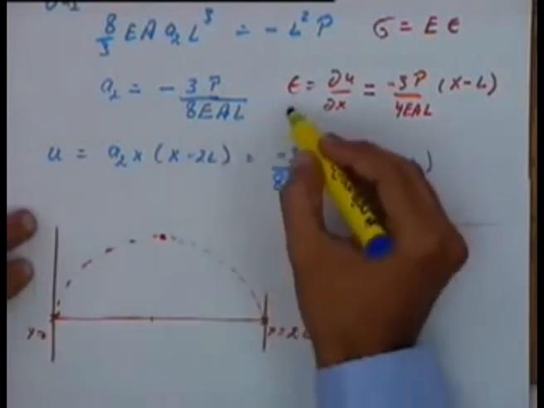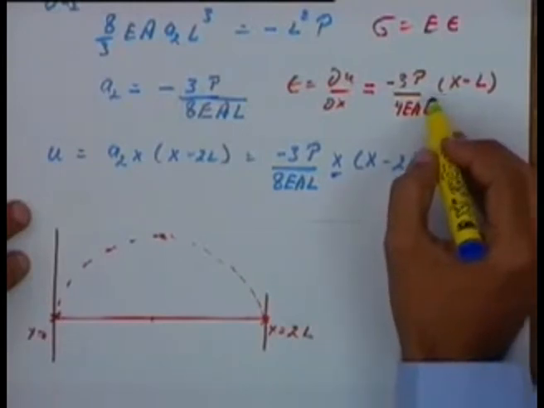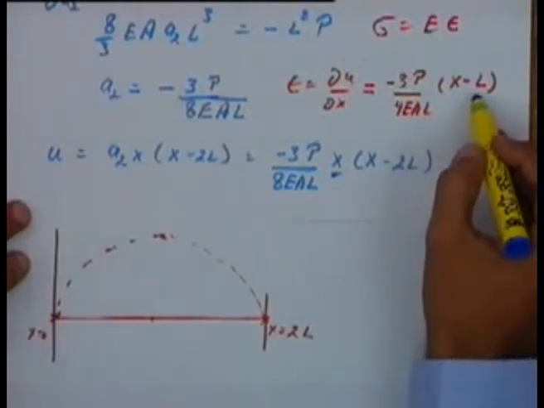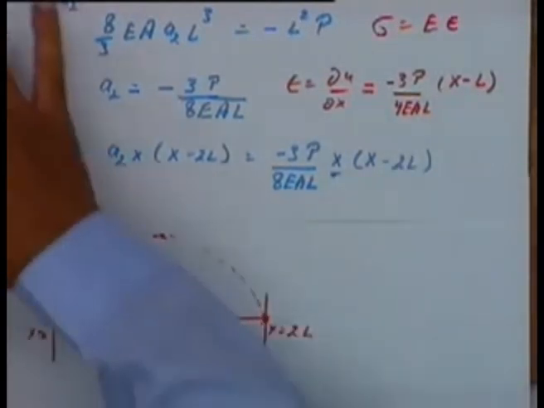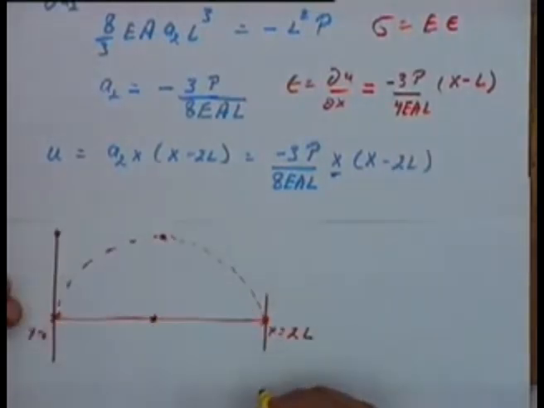If I plot the strains, at x equal to 0 it is going to be positive. At x equal to 2L, it is going to be negative. And at x equal to L, it is going to be 0. So the strains would follow a pattern something like this.